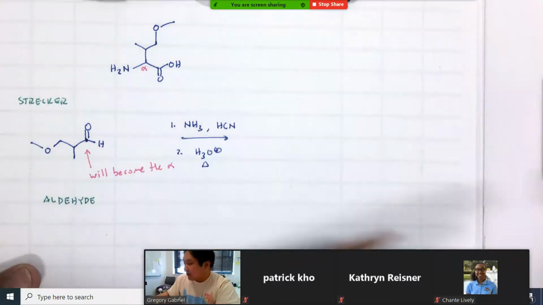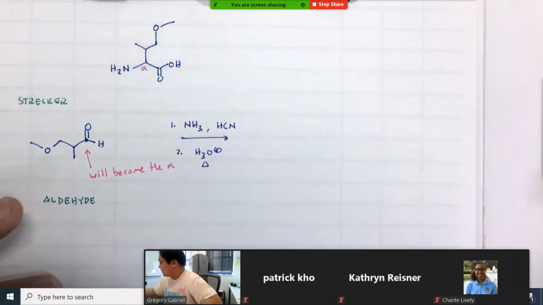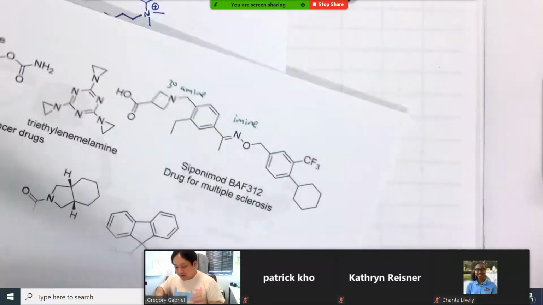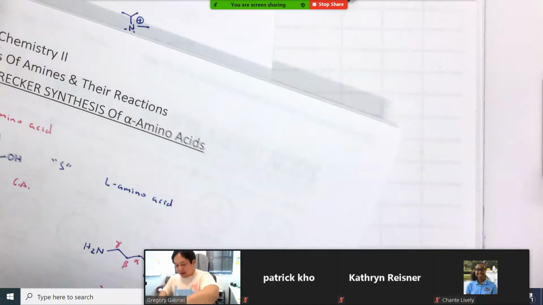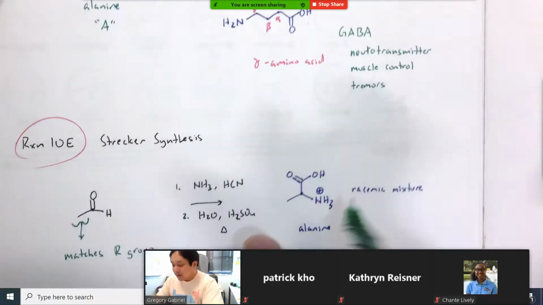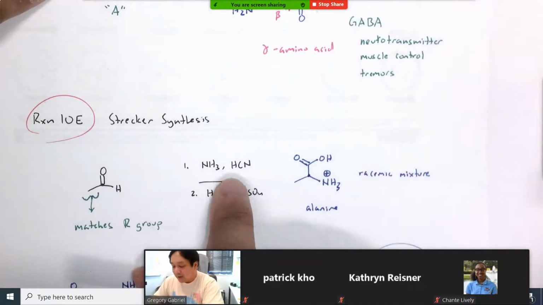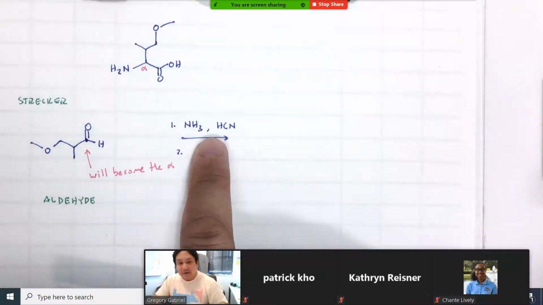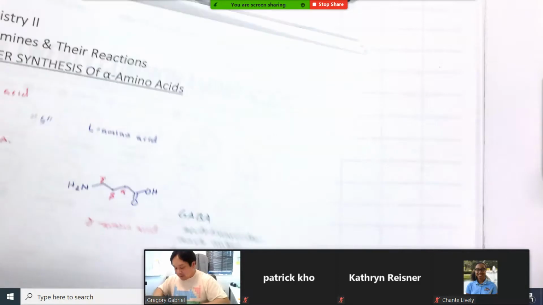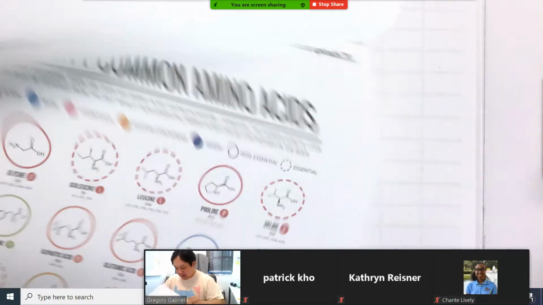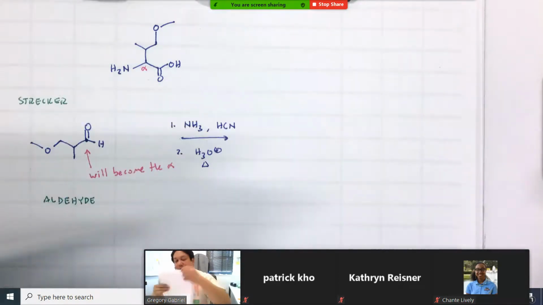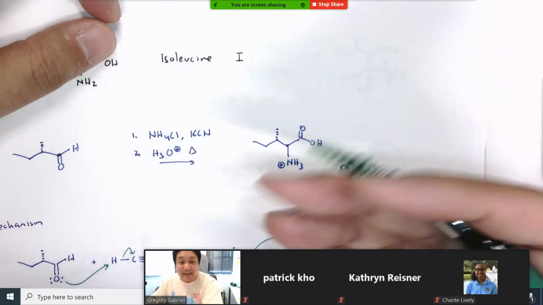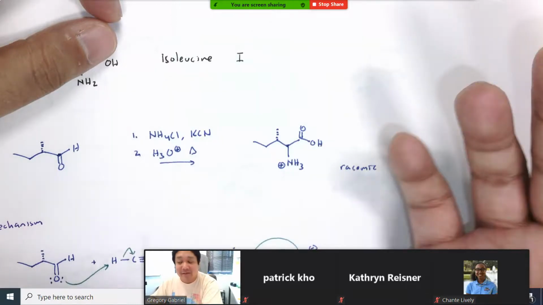Now this reagent here, there were a couple ways that I showed you how you could get those reagents. Here it is. So I did it exactly how I did it on the video: NH3, HCN right there. But you could also do it this way. In practice, I don't like using hydrogen cyanide because it's a gas and it's cyanide, right?